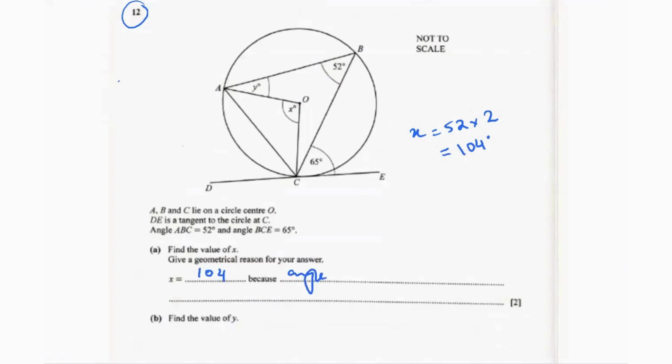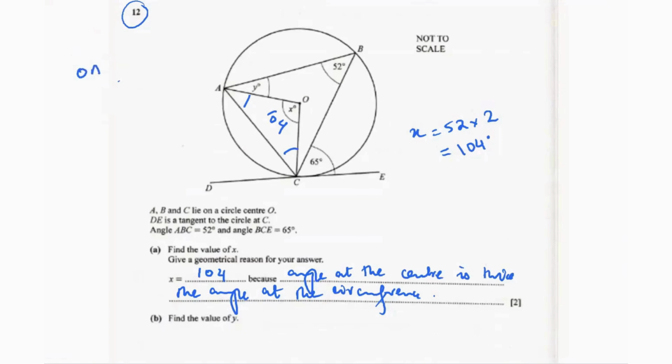Angle at the center is twice the angle at the circumference. Then find the value Y. This is 104. We can find these two angles first.